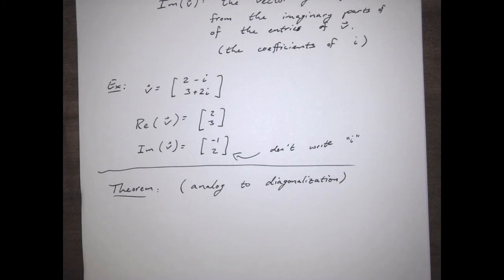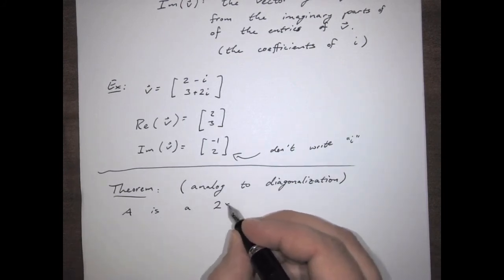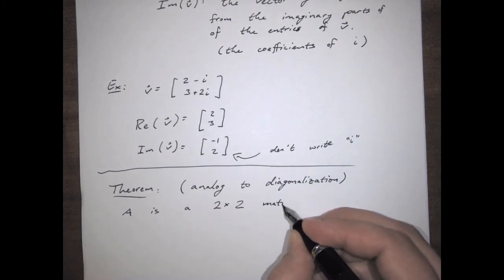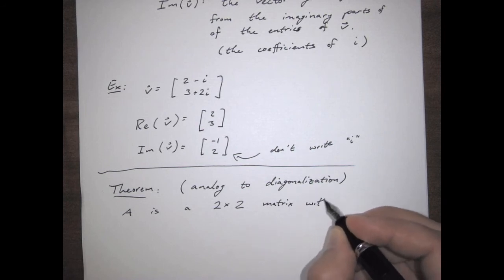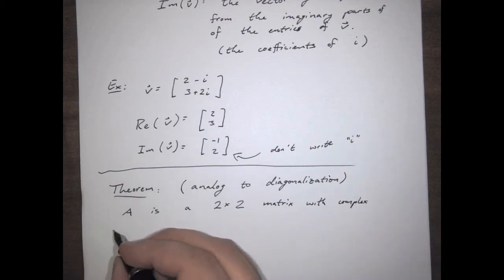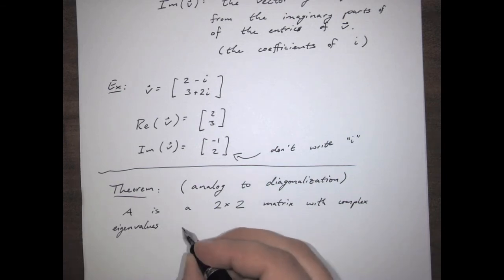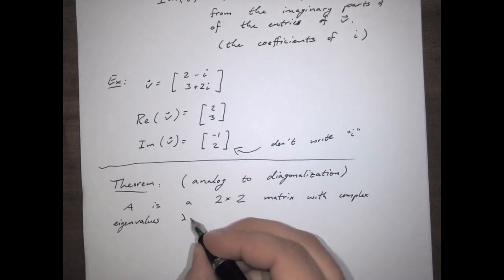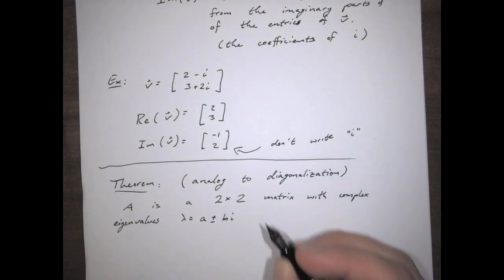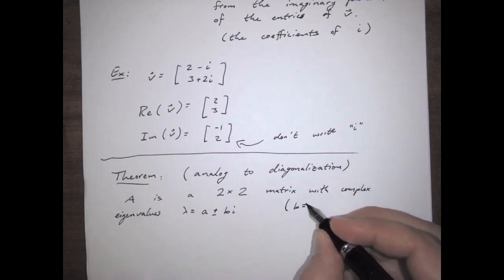So let's say that A is a 2x2 matrix with complex eigenvalues lambda equals a plus or minus bi, and because we're saying complex, that means that I'm assuming that b is not equal to 0 here.